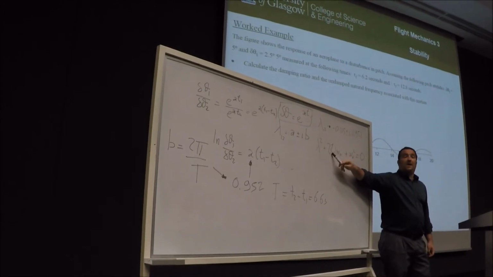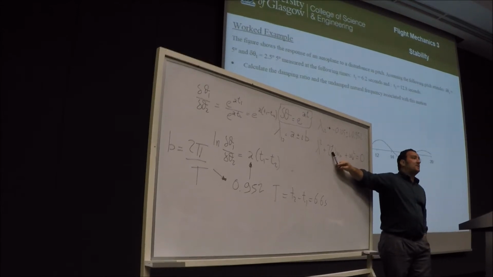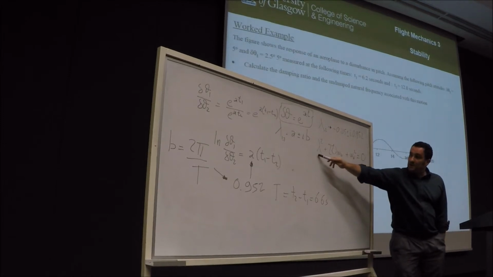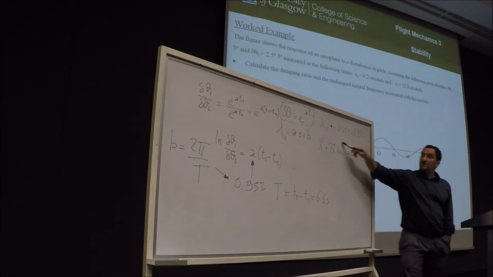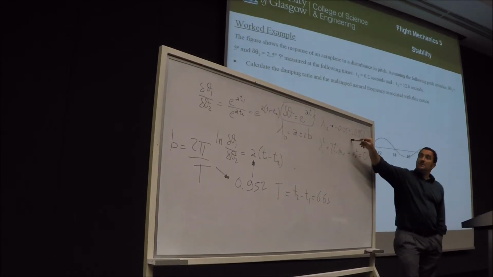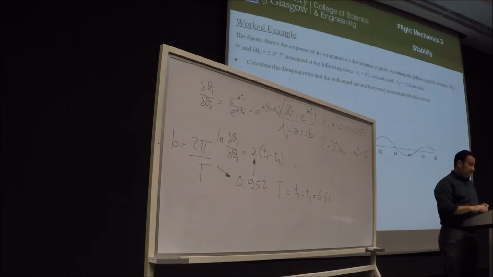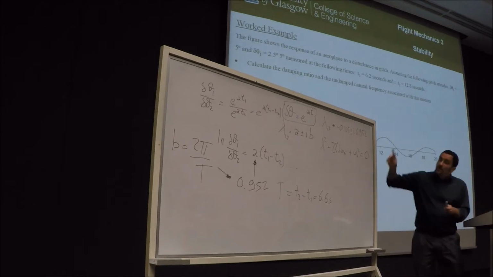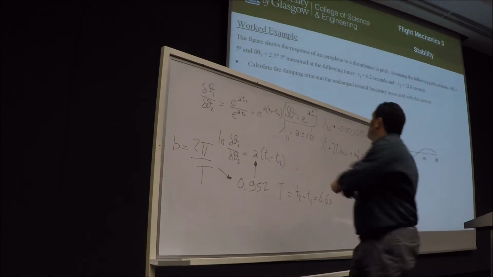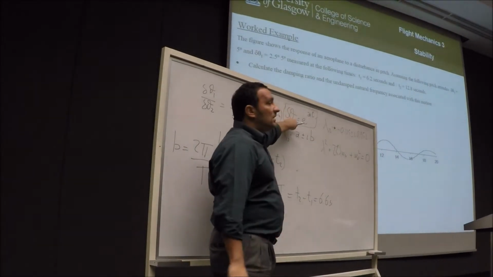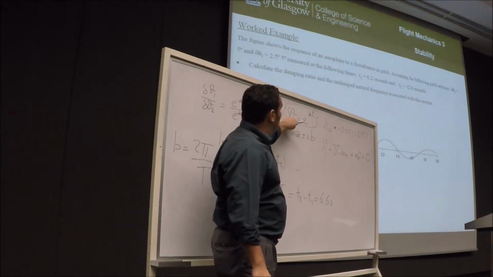This parameter here, C, is the damping factor of the oscillation. So the solution to this characteristic equation is our lambda 1 and lambda 2. If we go back to this, lambda 1 and lambda 2 are the solution to this.